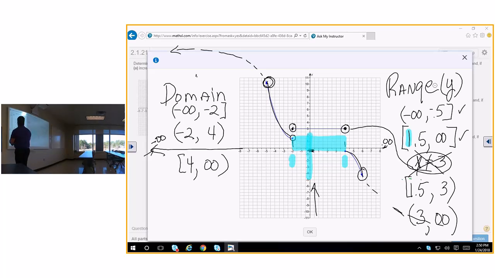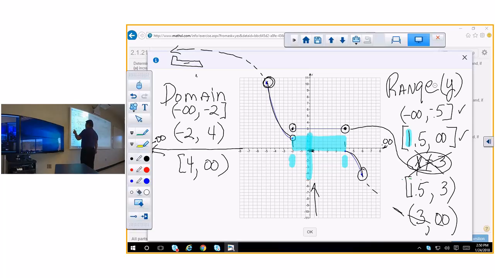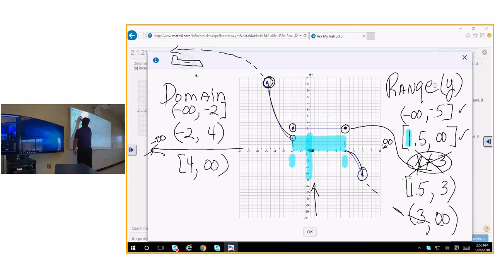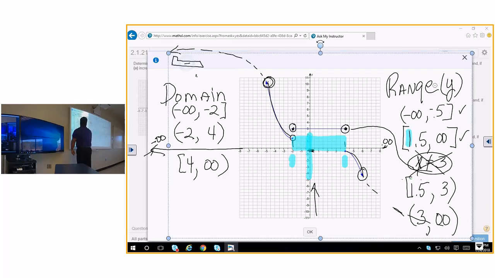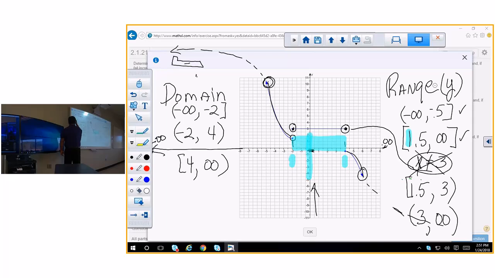Again, we have a plane. I hope I can draw this and it doesn't go crazy. And we take our plane, and we bring that plane down. See, that's what I was afraid was going to happen. Okay, let me draw a plane over here where it's not touching anything. Oh my gosh.